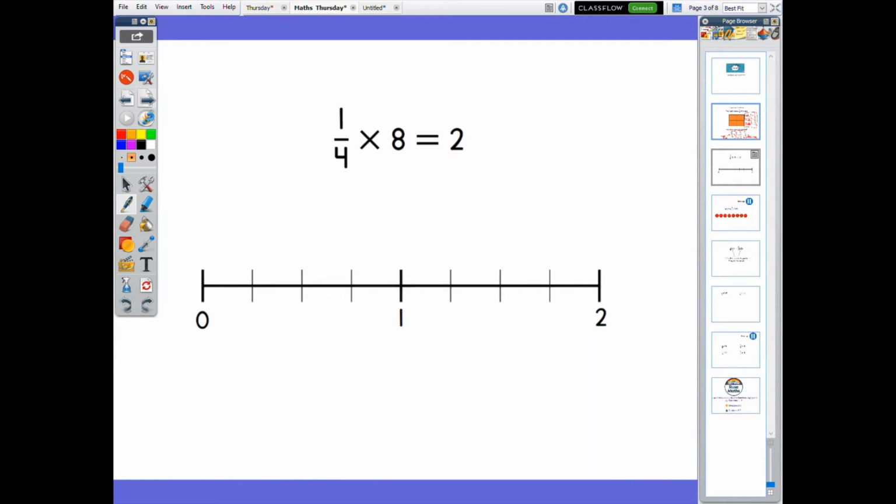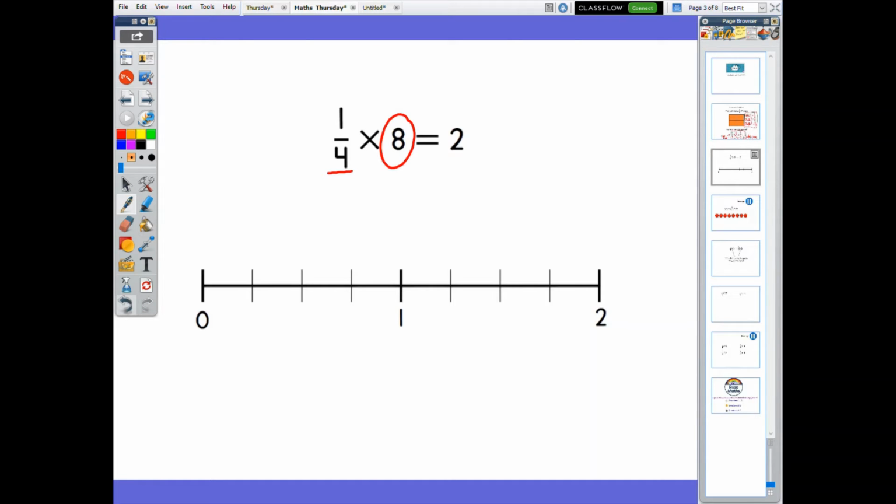I've got a number line, and between 0 and 1 it is split into quarters, and between 1 and 2 it is split into quarters. So if I start at 0, each jump is worth 1/4. I need to make 8 jumps because it says I've got 1/4 and I need 8 of them.